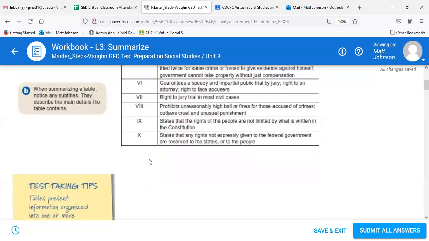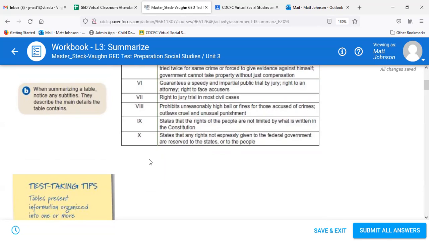And here too, they're summarizing in their own words, right? We saw the text of all 10 amendments yesterday. So we see here the way Paxson is actually trying to summarize. Amendment 9 states the rights of the people are not limited by what is written in the Constitution, something we talked about yesterday.